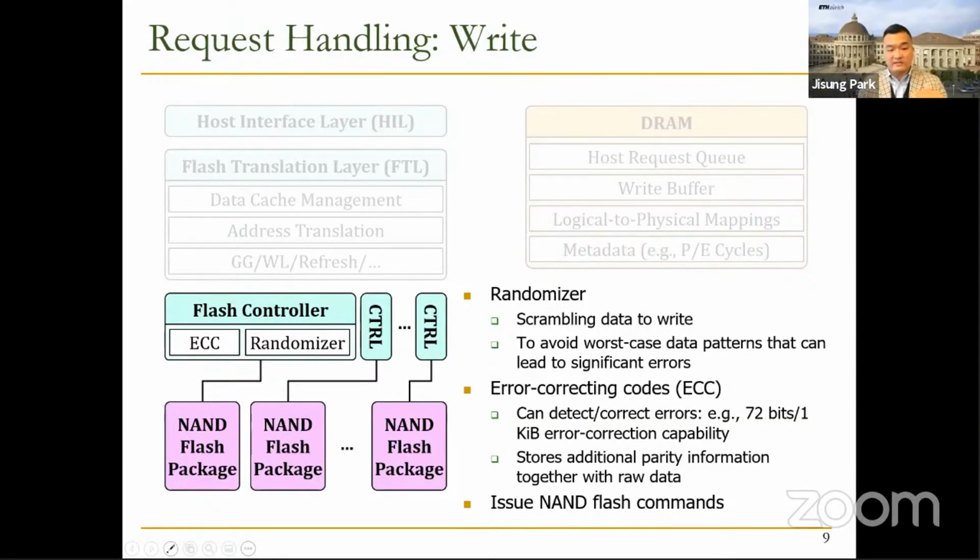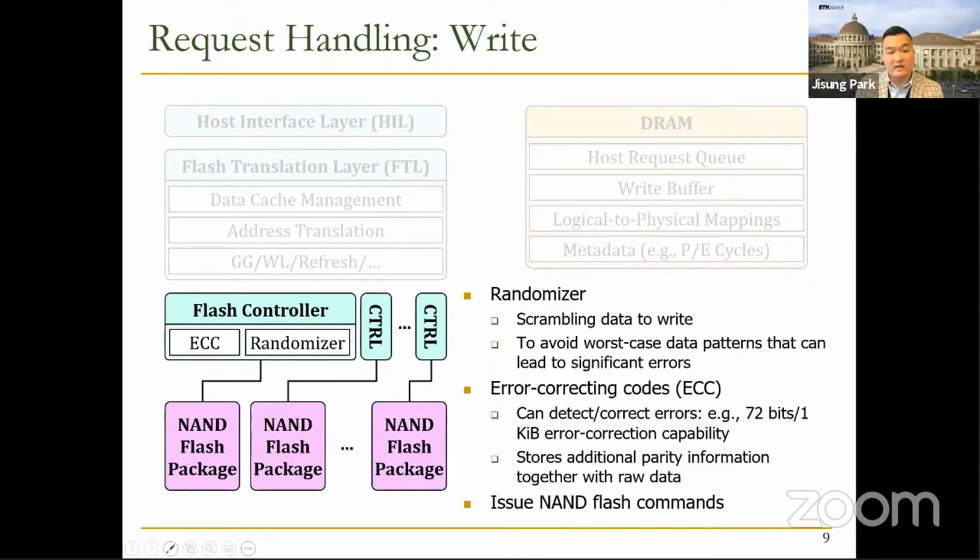If this order is changed, it might be very problematic, because if a raw bit error occurs, it changes the randomized pattern, and if we de-randomize first when reading the stored data, it changes the encoded ECC parity significantly.